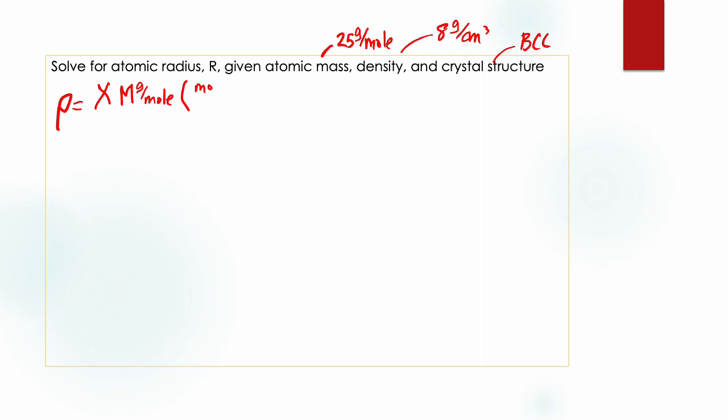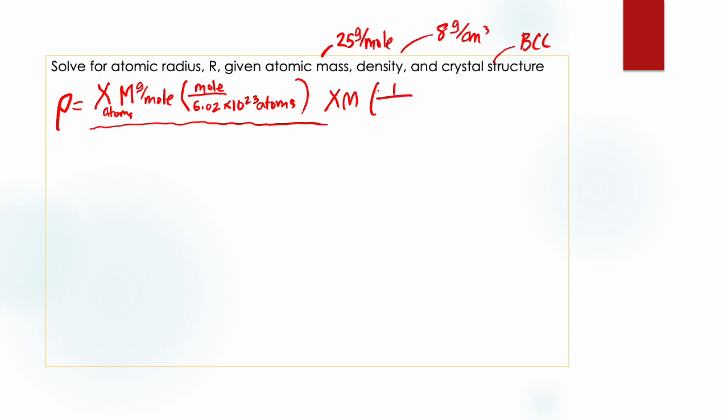So a mole is 6.02 times 10 to the 23rd atoms, and this X is in atoms. That's not in the denominator, it's in the numerator. So all of that gives me, in the numerator, X M times 1 over 6.02 times 10 to the 23rd. And the units, the moles cancel, the atoms cancel, and I have grams.